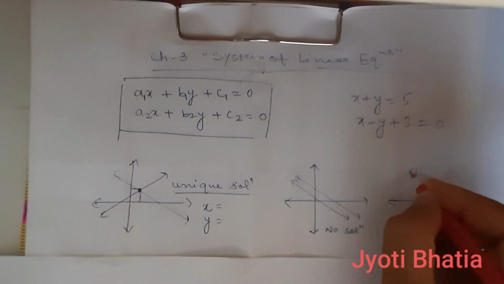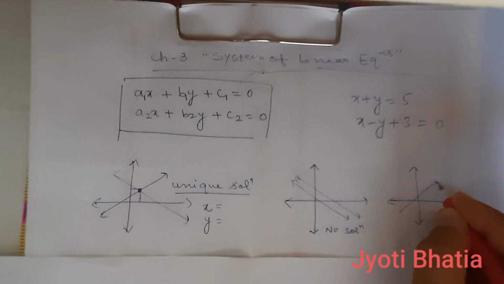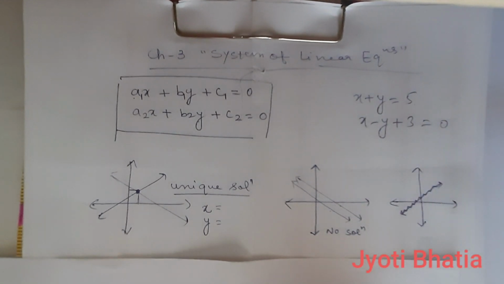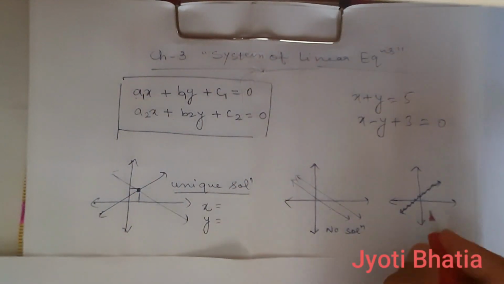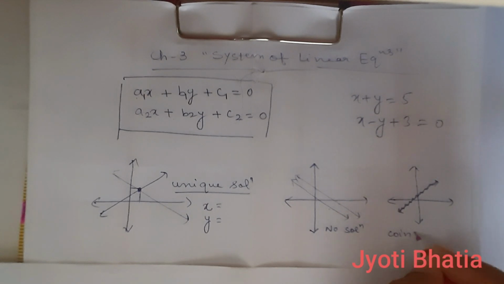Then you did one case where both the equations were giving you the same line, right? So one line is going over another. Such lines are known as coincident lines, right?